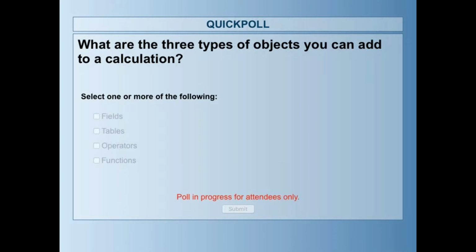So what are the three types of objects you can add to a calculation? Okay, thank you for doing that. I'll just close that poll there and share it with everyone.